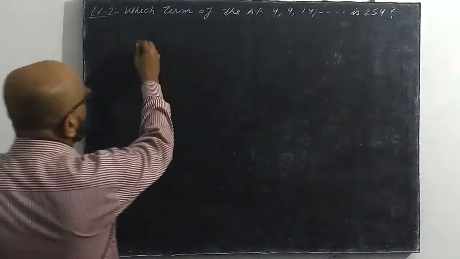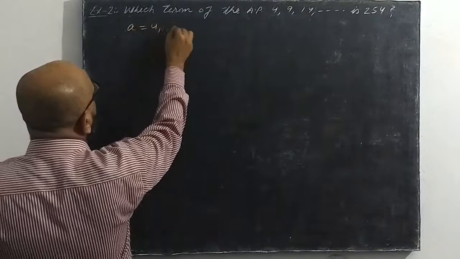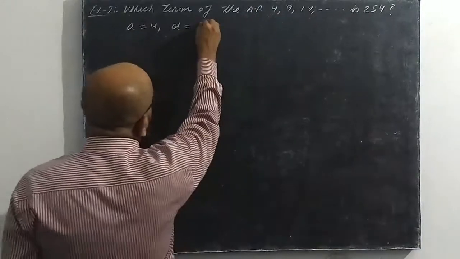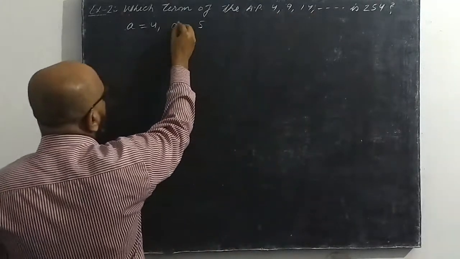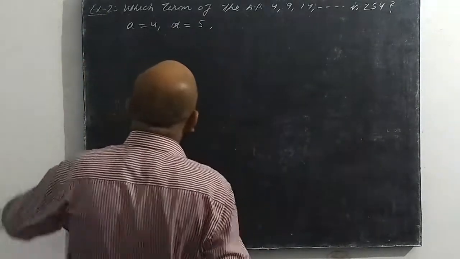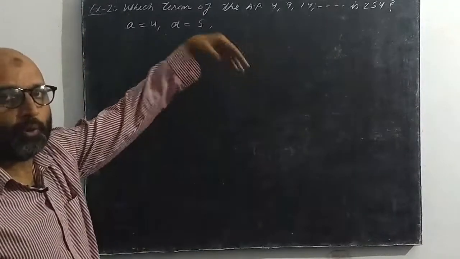So here the first term is 4, common difference is equal to 5. As you see, 9 minus 4 is 5, 14 minus 9 is 5. So common difference is 5. And the question is which term is 254 in this AP.